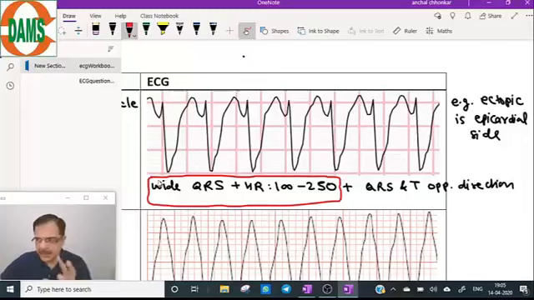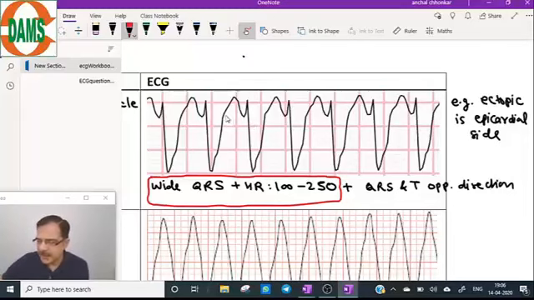So first understand the meaning of ventricle tachycardia: at least three consecutive ventricle ectopics, with a consecutive rate of firing of 100 to 250. This is an example where the ectopic is located at the epicardial side, so the depolarization will go away from the chest leads, so we will see QRS complexes which are negative, and the T wave will be in the opposite direction.